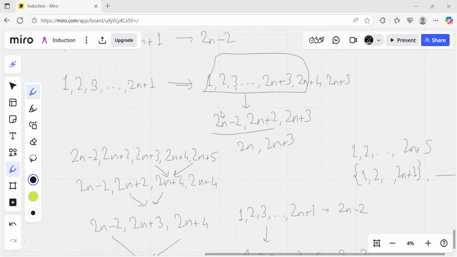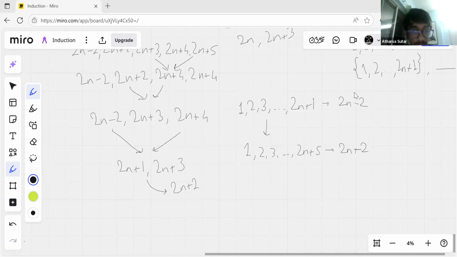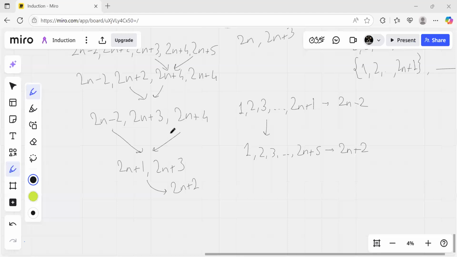I have an alternate solution. Could you please verify? Oh yeah, sure. So we separate the numbers from 1 to n plus 1 into two groups. The first group is 1 to n minus 2.